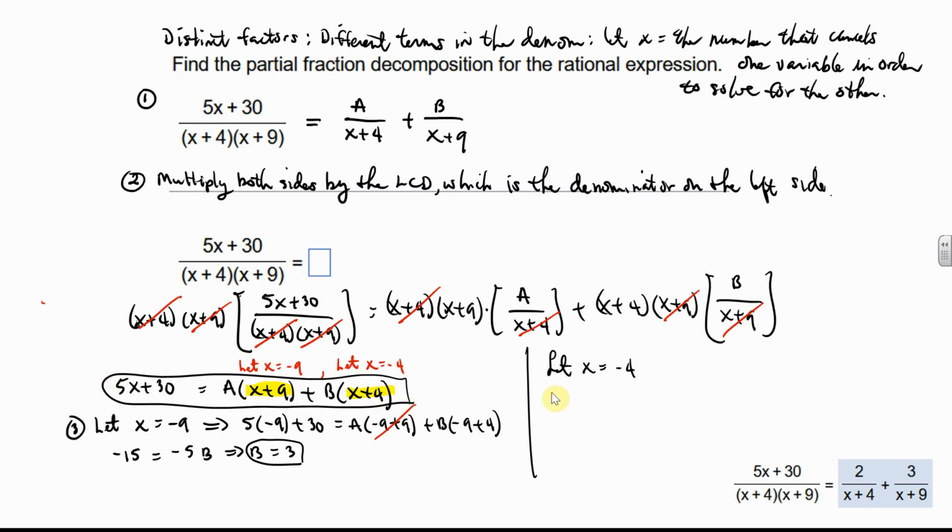So I have 5 times -4 plus 30 is equal to a times -4 plus 9, and then this is plus b times -4 plus 4. All right, so I get -20 plus 30, so that's just 10, and that's equal to 5a. And so I get a is equal to 2.